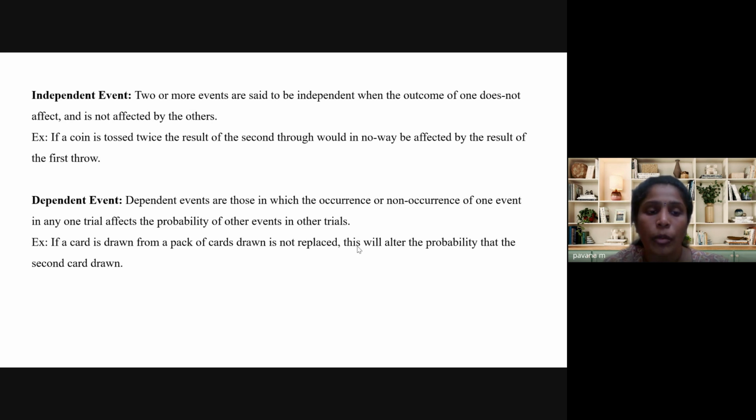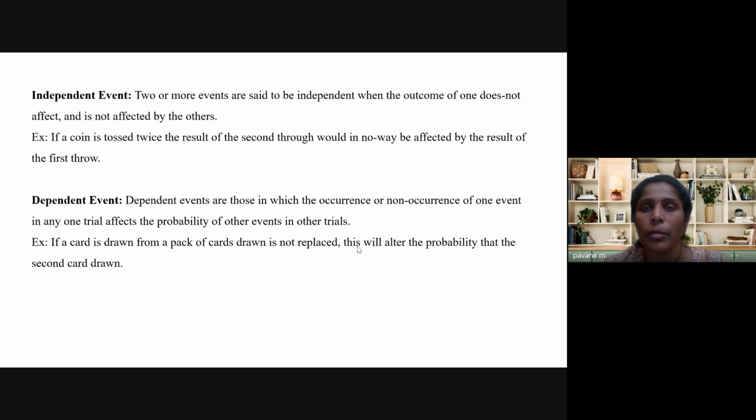Suppose you have a bunch of balls in a bag, and you want a black ball in the first trial, and a blue ball in another trial. Suppose you take one ball from that pack of balls, that is one experiment, whether it is black or blue.